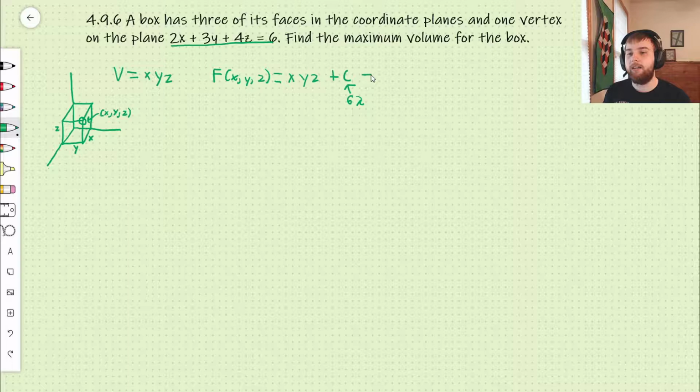And if that is the case, we have this equation here that tells us that 6 is equal to the equation of our plane. So our f function becomes xyz plus lambda times our plane, which is equivalent to the constant 6.